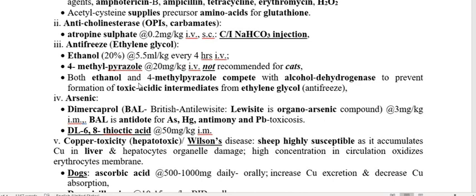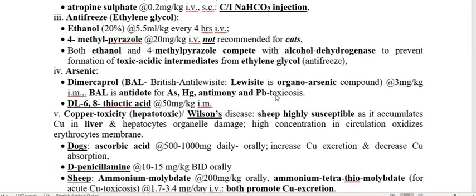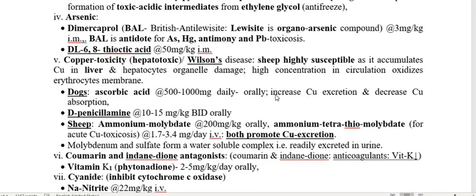So these two drugs, ethanol 20% and 4-methyl pyrazole, compete with alcohol dehydrogenase. Therefore, they inhibit the action of alcohol dehydrogenase to produce the toxic intermediate of ethylene glycol. Now we have to go through the metal toxicity because of arsenic.